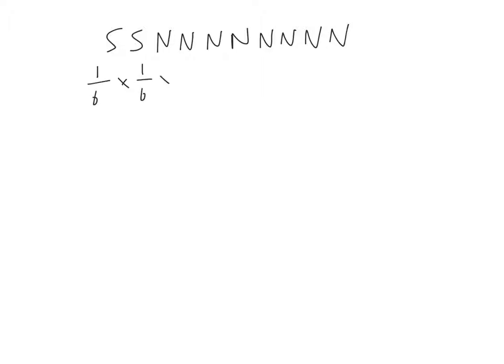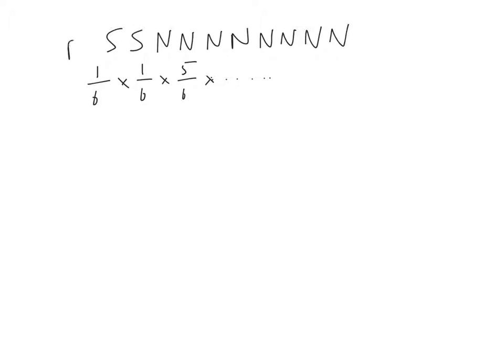So let's think about this. Supposing the first 2 trials give us a 6, and the next 8 don't give us a 6. The probability of getting a 6 is 1/6, and the probability of not getting a 6 is 5/6.